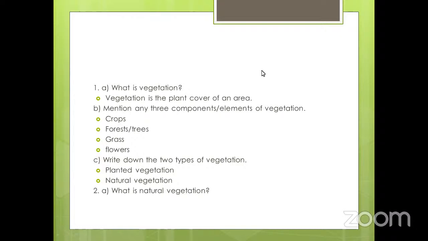Is the type of vegetation that... Yes, please. Is there anyone willing to give us? Anyone willing to give us?